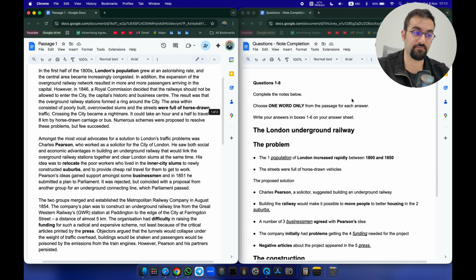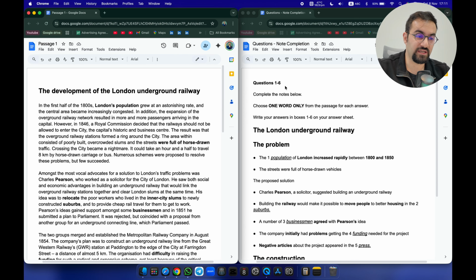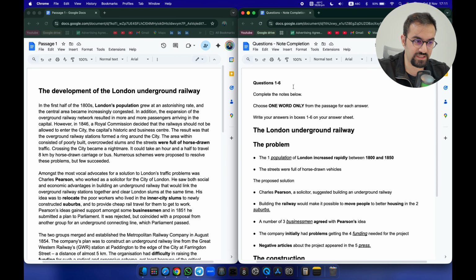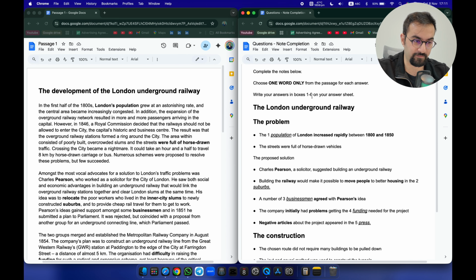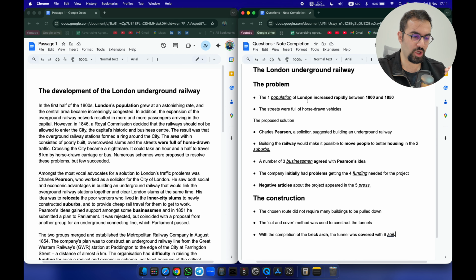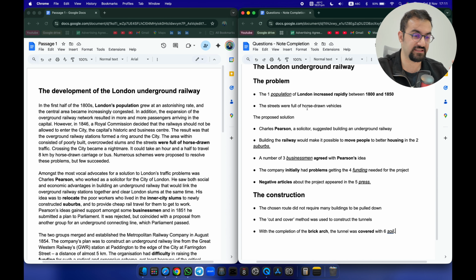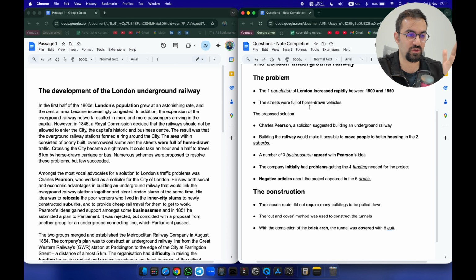That's why always make sure that you know this, that if it is first questions, they have to be in the first part of the passage, especially in passage 1. And as you read the notes, make sure that you understand these notes, you understand even the lines that do not contain any questions, because they help you to read and understand the passage at the same time.